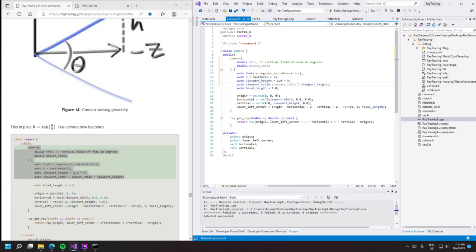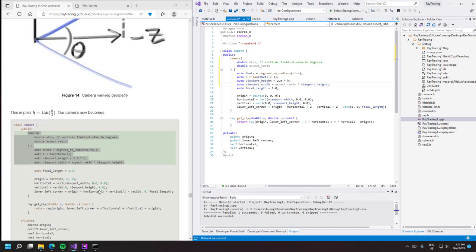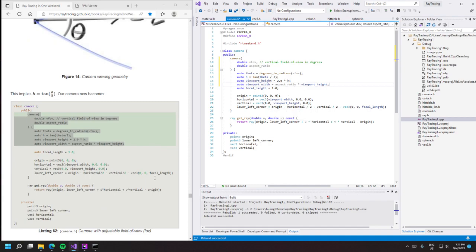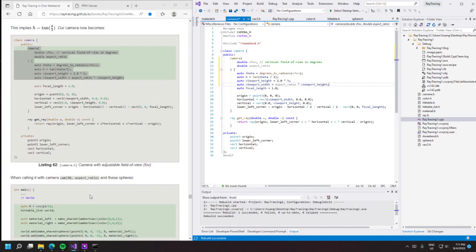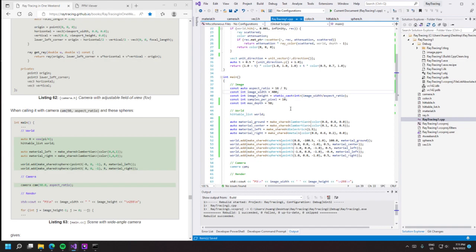Theta is degrees to radians, we already have that utility function, and h is calculated by tangent of half theta, and viewport height is 2.0 times h, and width is the aspect ratio times the height. When calling it, we do it in main and, oh, okay, we change it in the world actually. It's a bit surprising to me here.